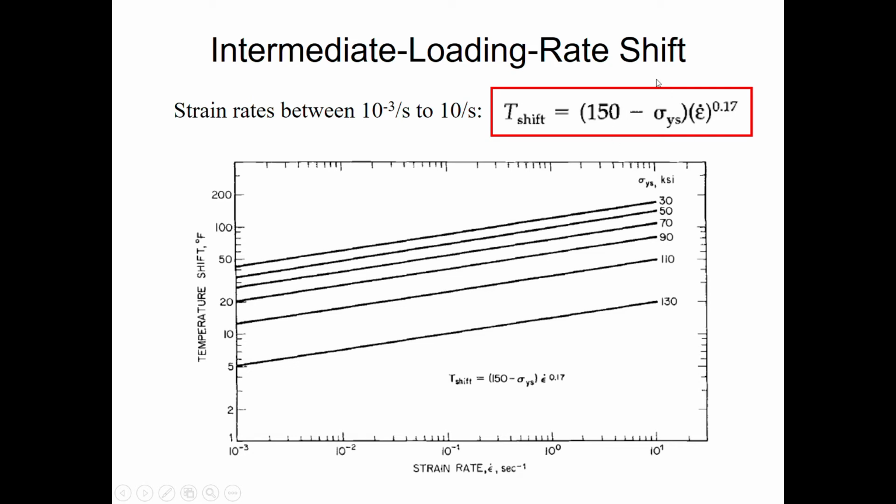They already gave you this equation, so you just need to plug in the value for any other material. If I have 130 sigma yield, this is going to be my plot, or it's going to be 90. Then I apply the value that I want to check for the strain rate, put it here, and you get your T shift. Other than that, you can just use this graph.